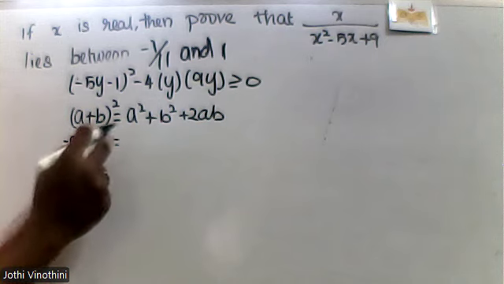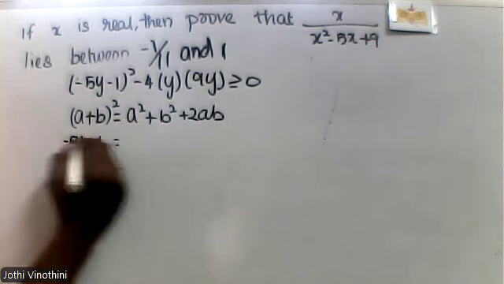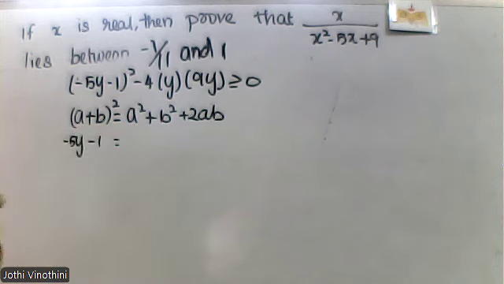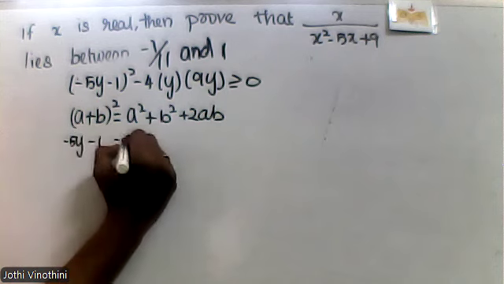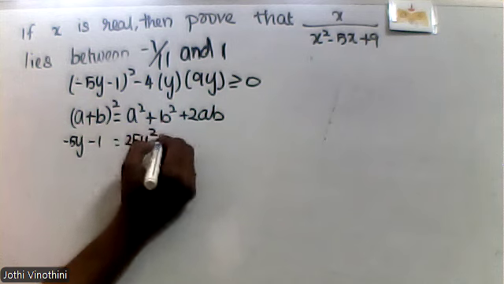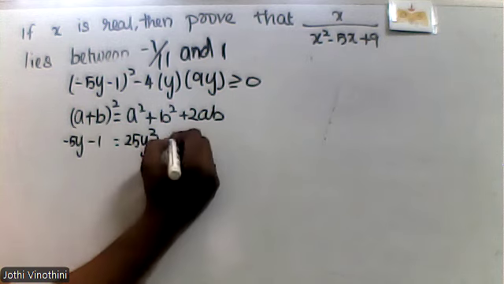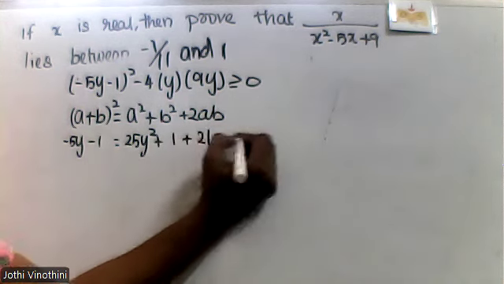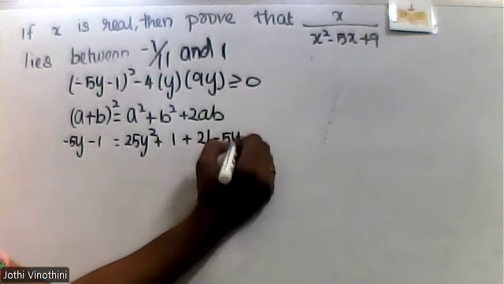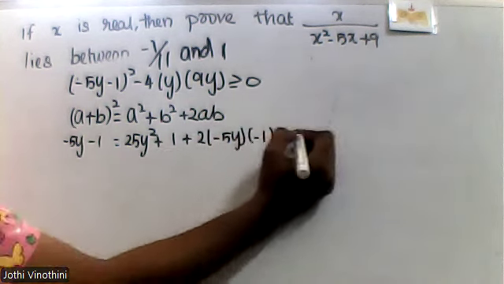Minus 5y the whole squared: minus into minus is plus, so it is 25y squared. Plus b squared, where b is minus 1, and minus 1 the whole squared is 1. Plus 2 multiplied by a, which is minus 5y, and b is minus 1.